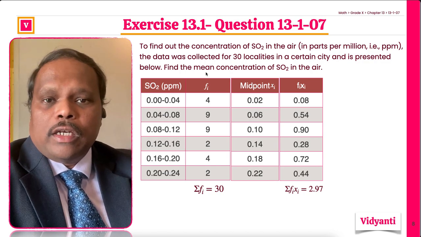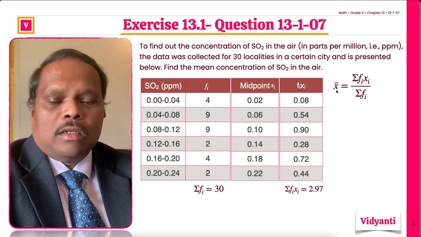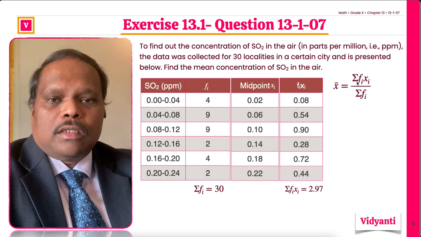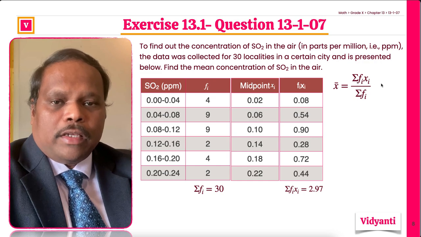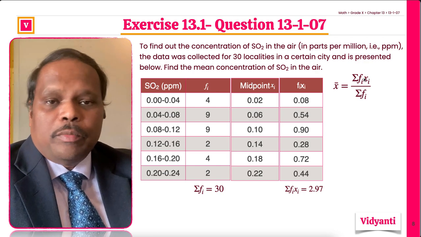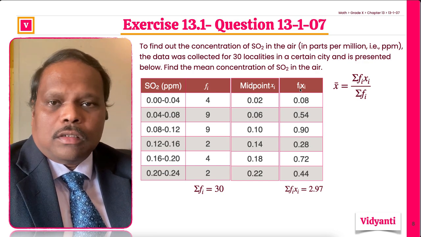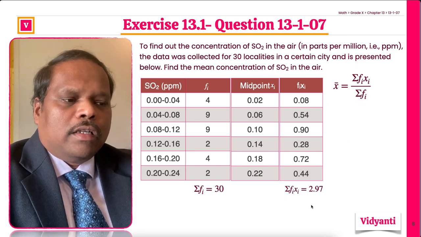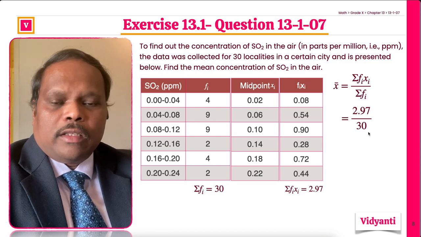We are supposed to calculate the mean, and x bar, which is the notation for mean, is given by summation fi xi divided by summation of fi. That would be 2.97 divided by 30.